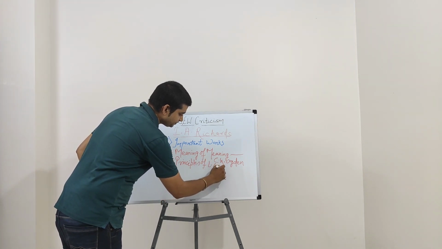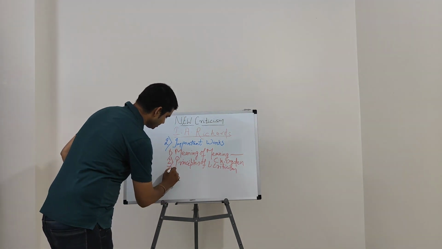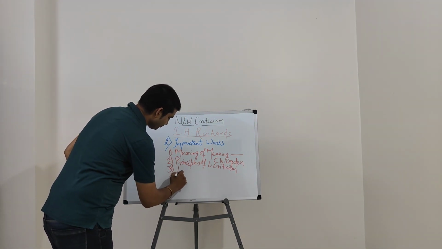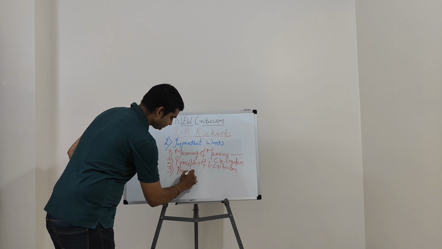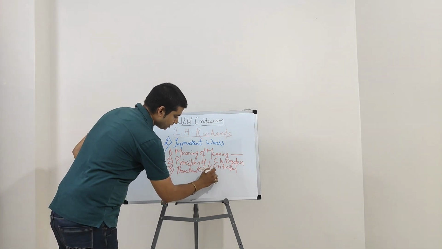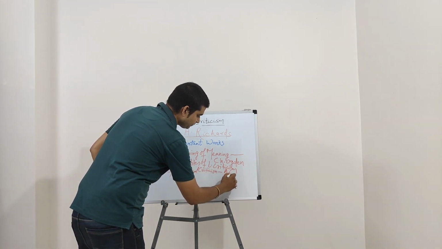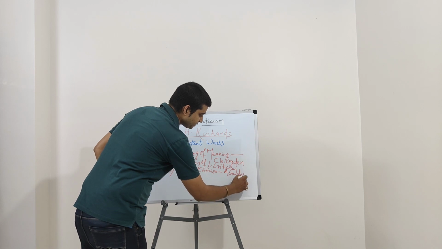The second important work is Principles of Literary Criticism. The third important work is Practical Criticism. It also has a subtitle, A Study of Literary Judgment.